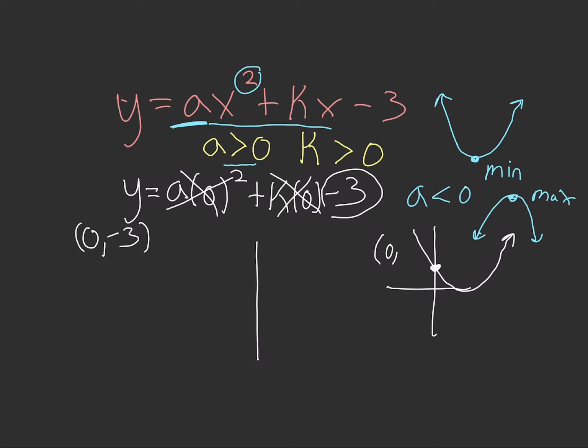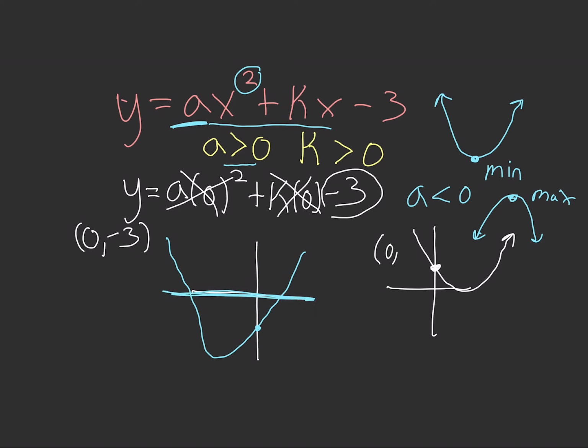So what do we know so far? We know that this is just the y-intercept. It's not the vertex. I know that the graph has to come down here somewhere, maybe it goes like this, whatever, but the point is that I know that the graph exists below 0.